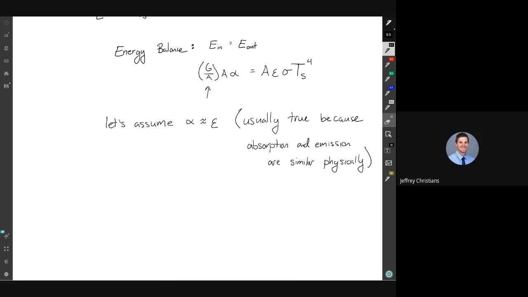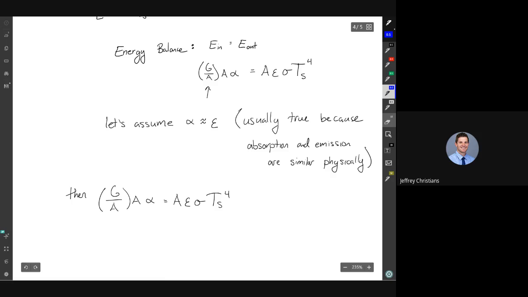So if that's true, then G over A alpha equals A epsilon sigma TS to the fourth.